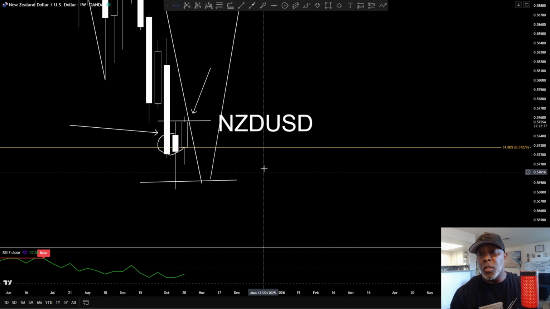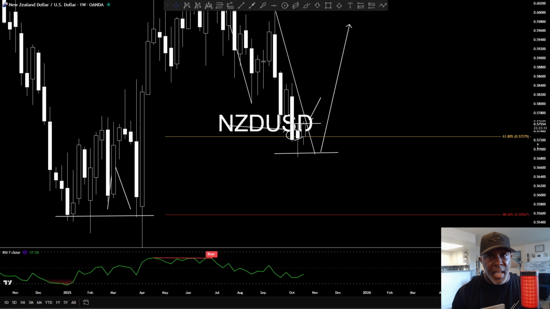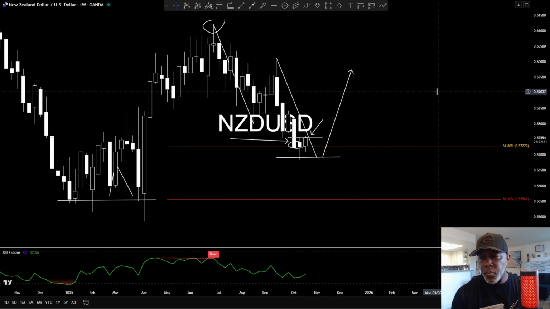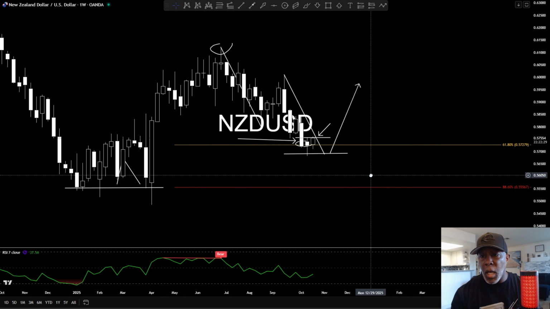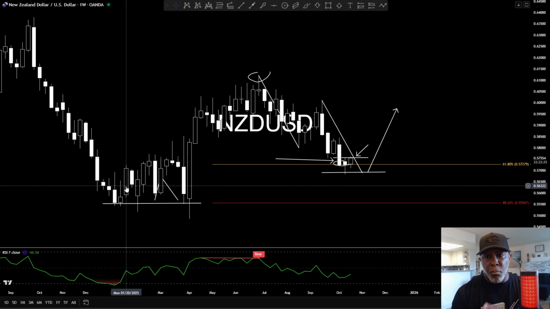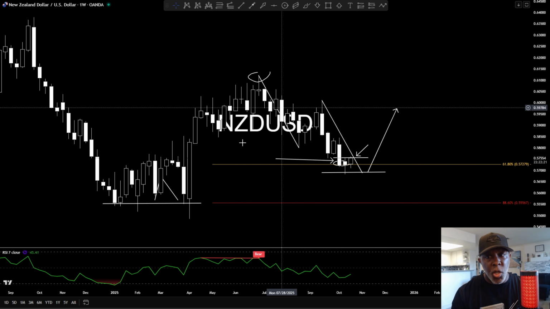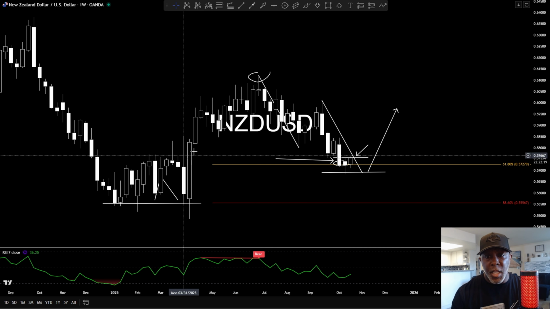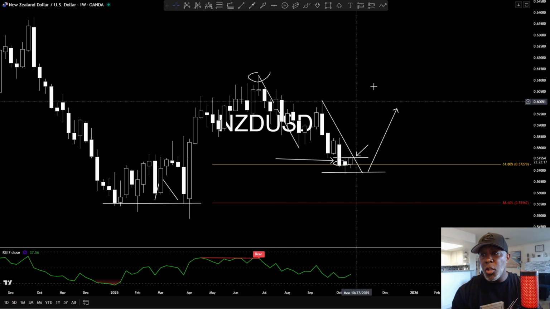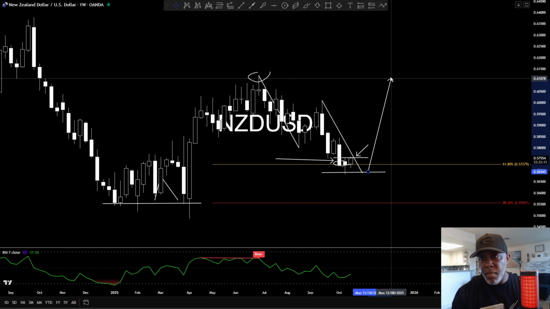Okay? So let's talk about targets, since now we've broken down the entry on the possibility. On a trade like this, momentum to the upside is already established. I didn't say the trend has changed, but there's momentum to the upside: double bottom, break and close, 618. You would typically be looking to go retest that high, okay?